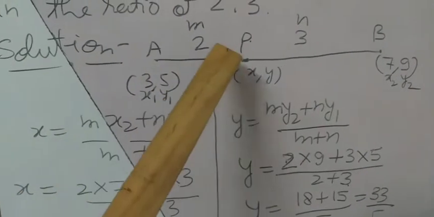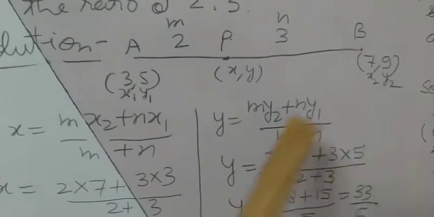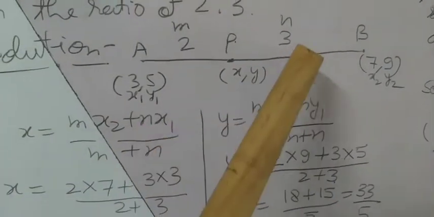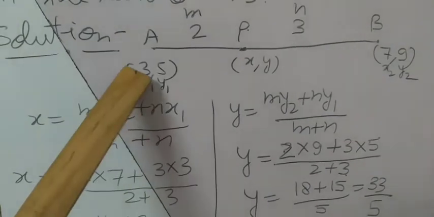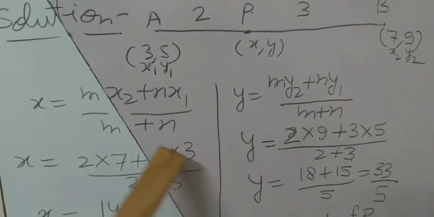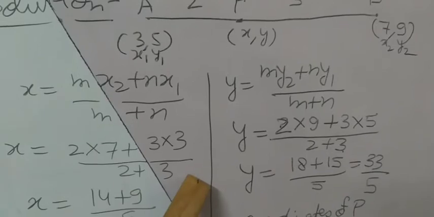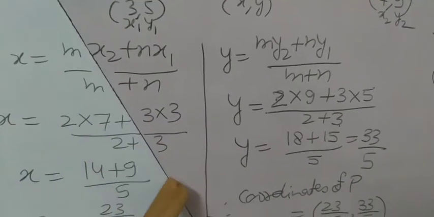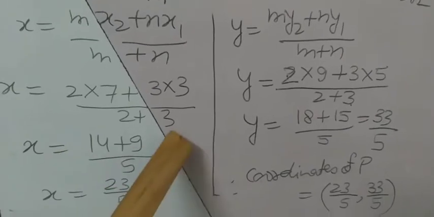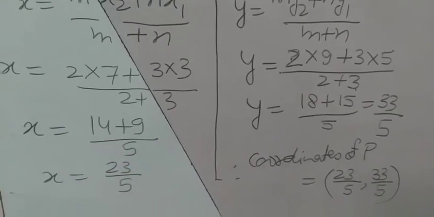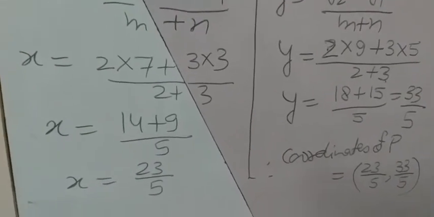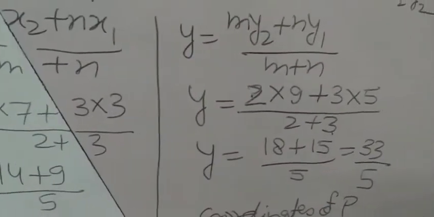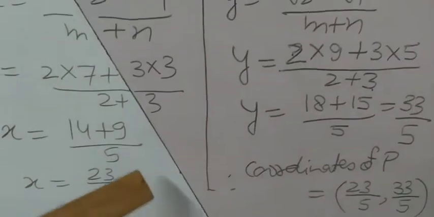So m is 2, x2 is 7, 2 into 7, plus n is 3 and x1 is 3, 3 into 3, upon 2 plus 3. So 2 times 7 is 14 and plus 3 times 3 is 9, upon 5. 14 plus 9 is 23 upon 5. X equals 23 upon 5.